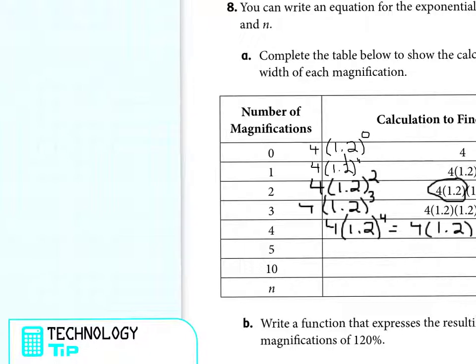Now remember, what is anything to the 0 power? It's just 1. So 4 times 1 would give me that 4. So the fifth magnification would be 4 times 1.2 to the 5th power. So if we wanted to go all the way to the 10th magnification, we would just go to the 10th power. So our rule is going to be 4 times 1.2 to whatever magnification level we wanted.